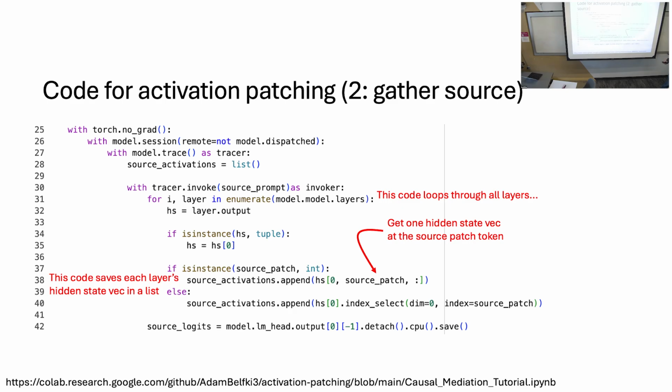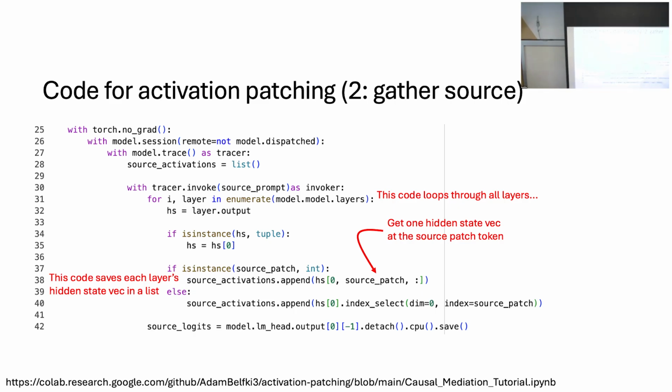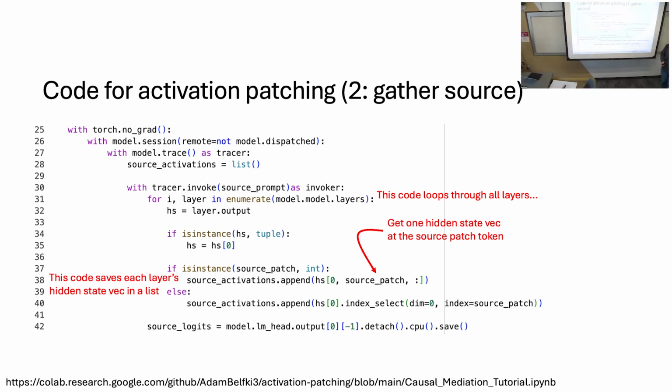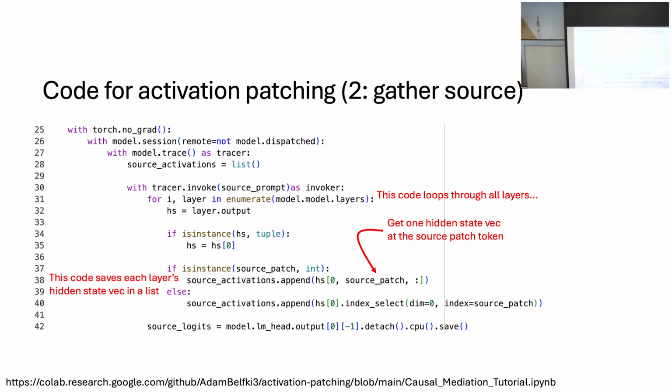Okay. The way we do it is there are 2 passes. After we declare the function, it was too much code, so I put it into 2 slides. The first part of the code is you run the source to collect the activations. That's all you do. The source and the target model are the same, but we're going to run the source prompt into the model. So we say, okay, think about Miles Davis, right?